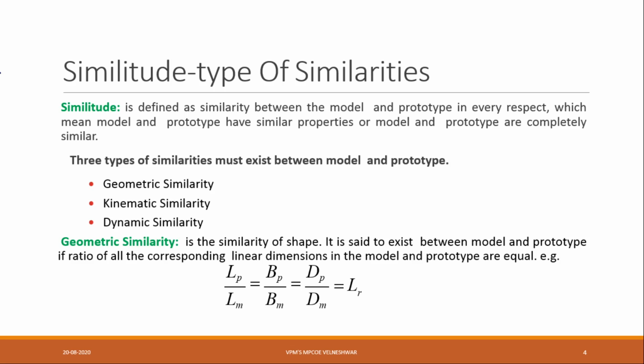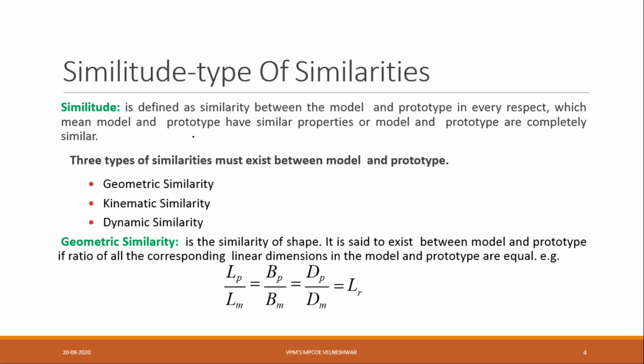Now, similitude, types of similarities. What is similitude? It is defined as similarity between model and prototype in every respect, which means model and prototype have similar properties, or model and prototype are completely similar.